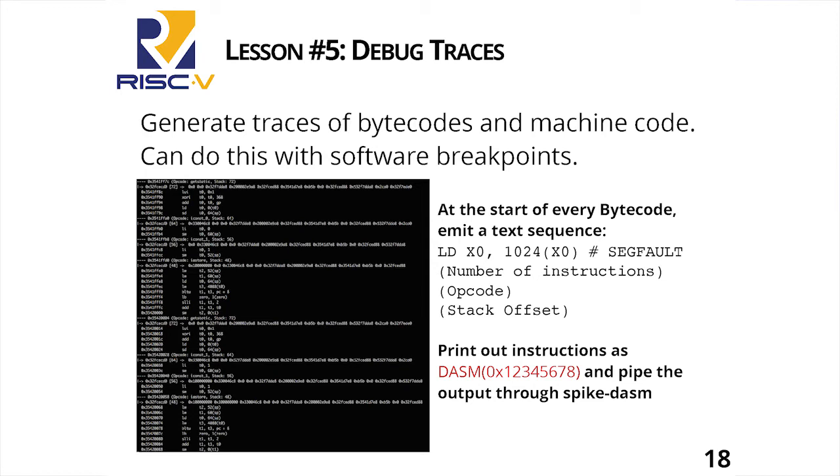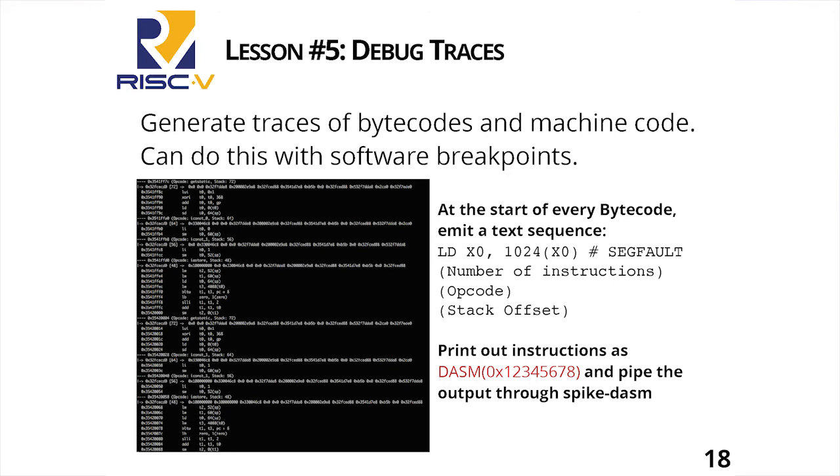The way we implemented this was to allow the just-in-time compiler to selectively emit special instructions, which are basically causing a seg fault, in this case, once again, a load to an invalid location, and then include with those instructions some metadata, such as what bytecode I'm executing and how many RISC-V instructions are associated with it. So once you drop into your seg fault handler, you can print this nice debug trace with all the different instructions and the current state of your stack, and that's a very, very good way to debug this kind of code.